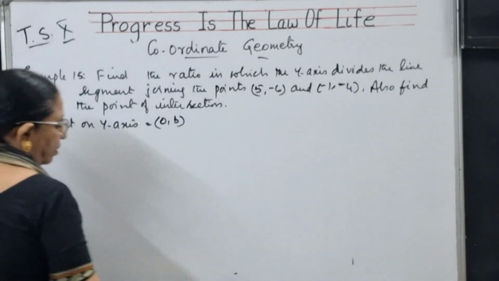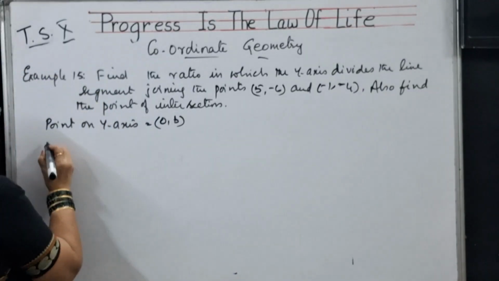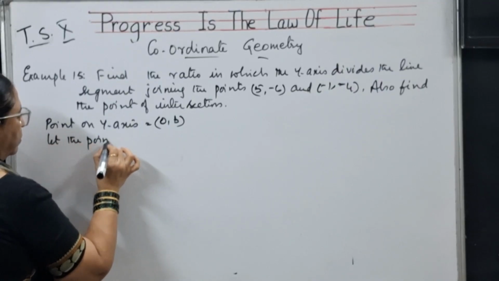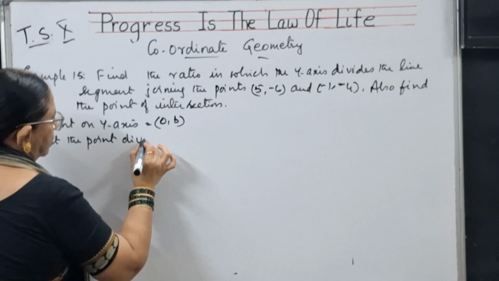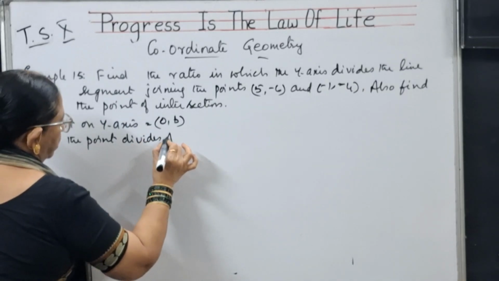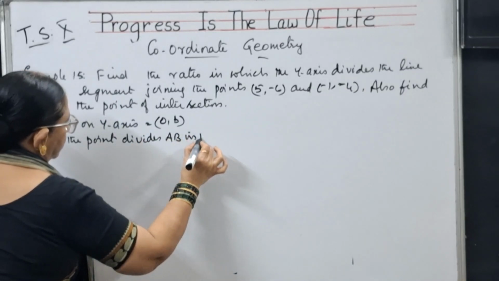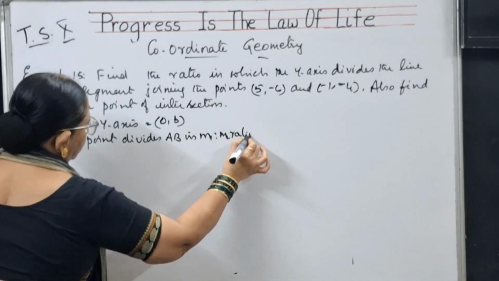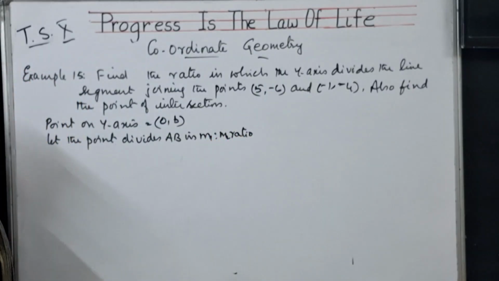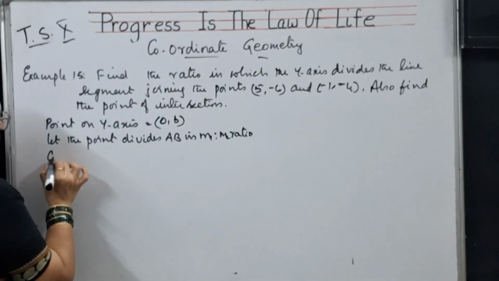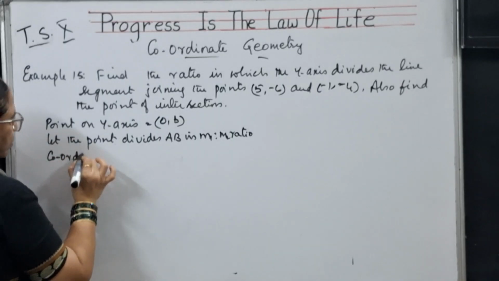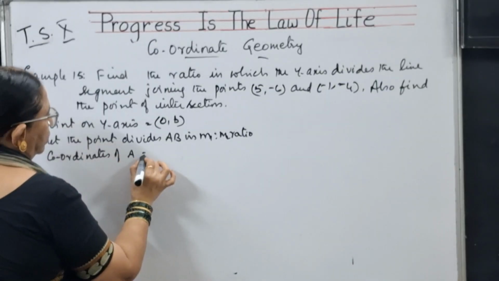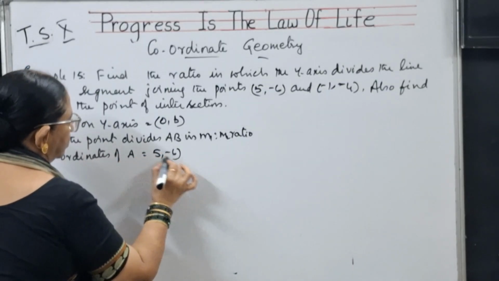Now let the point divide AB in m1 is to m2 ratio. We don't know, so m1 is to m2 ratio. Now, coordinates of A is equal to 5 comma minus 6.